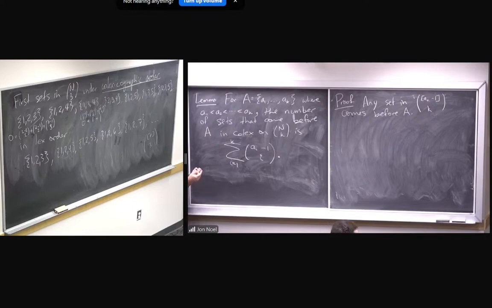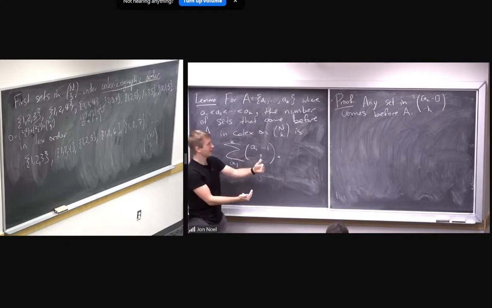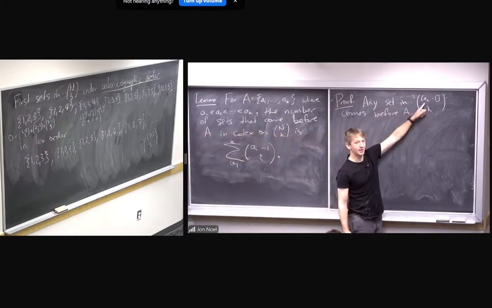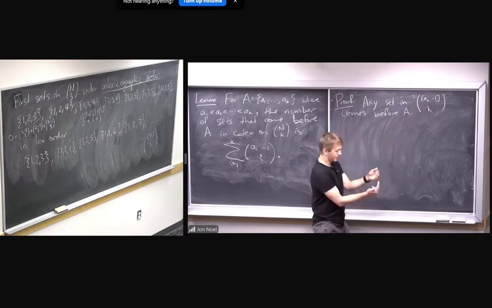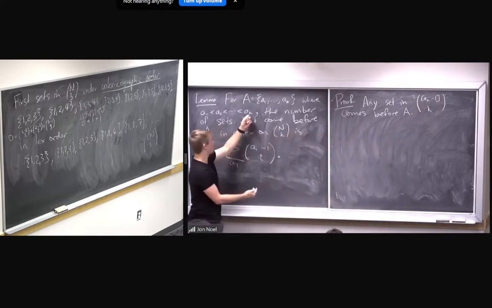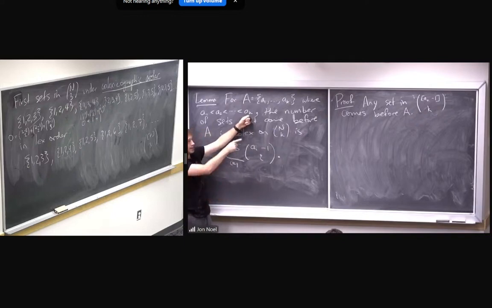Those are the sets where, when I look at the largest index where they differ, it's the last index, because a set in there doesn't have the element AK in it. So if I look at the highest index, AK, any set in there will differ: it will not have AK, and it will have a smaller largest element. The largest element will be smaller than AK.